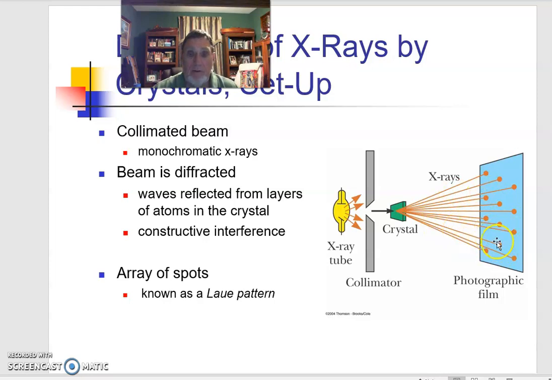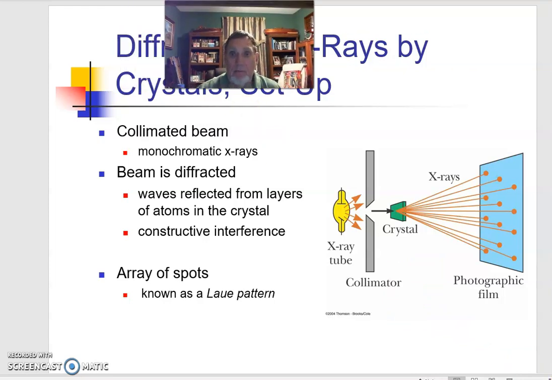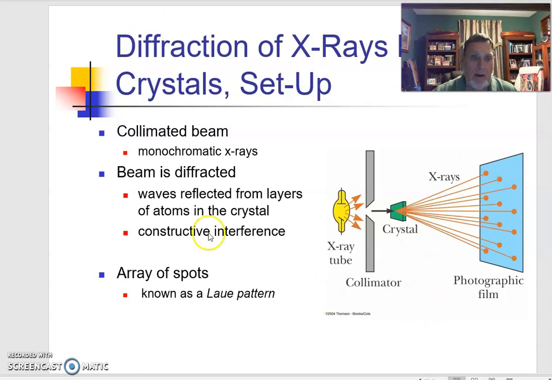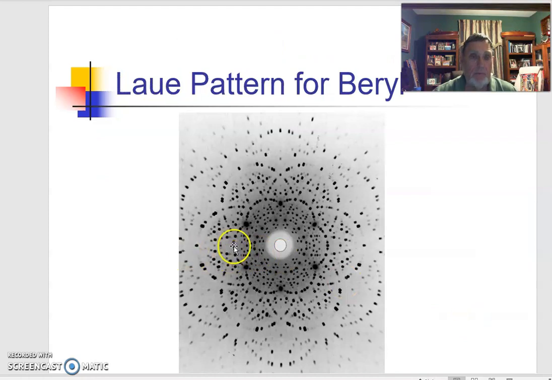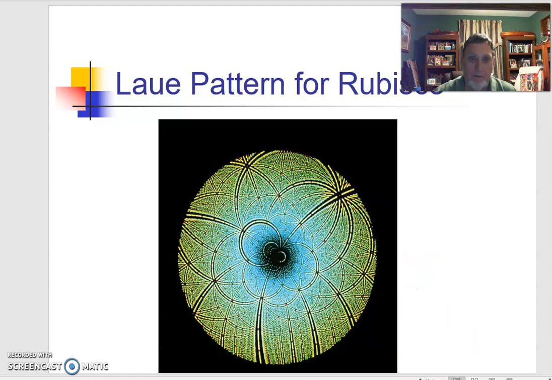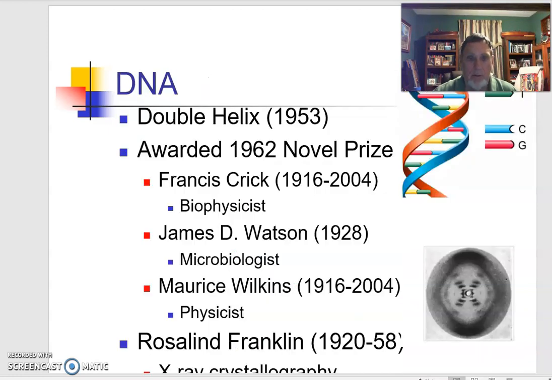But knowing the spacing, the angles, and the distances between the brights, you can calculate back out what the spacing in the crystal is. It's called Bragg diffraction, and actually the father-son team of the Braggs got Nobel Prizes for working with that. There's a pattern for a crystal, and you can see it's very complicated. Actually, quite beautiful. Here's another one. You can imagine that it's very complicated to pull things out of that, but it can be done. And that's how we study large molecules.